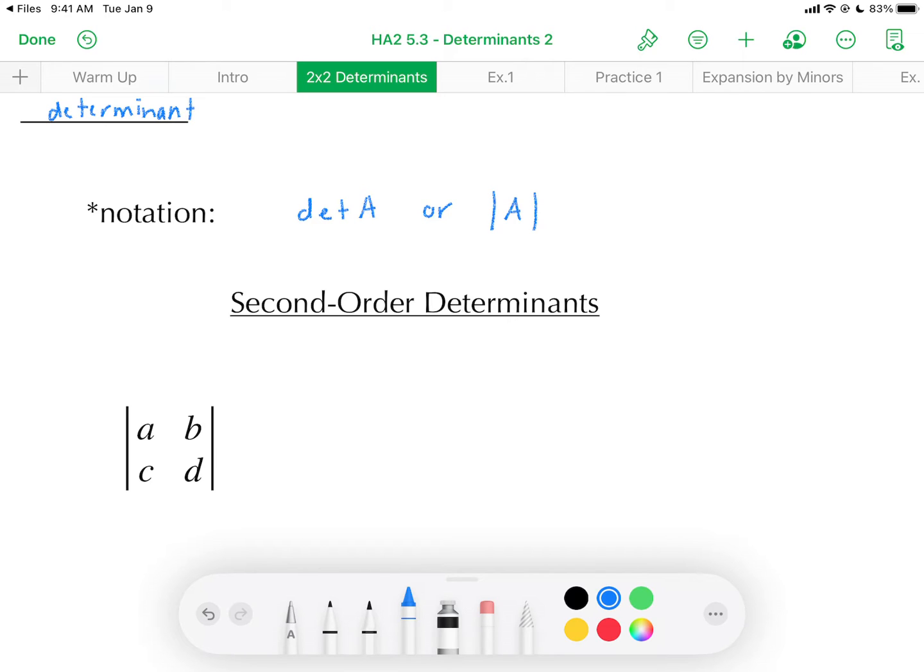So here's a formula to do it. I take the product of A and D, I subtract it by the product of B and C. So we're taking those two numbers multiplied together, subtracted by those two numbers multiplied together. And the result is simply going to be a numerical value.